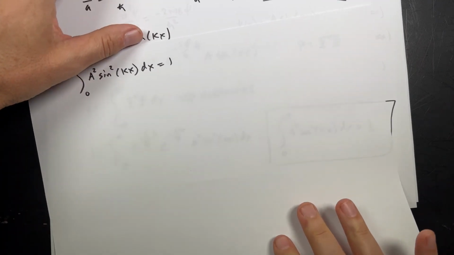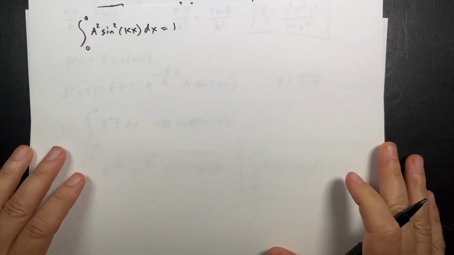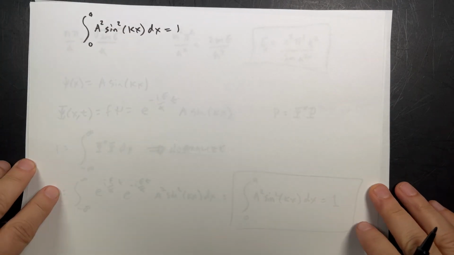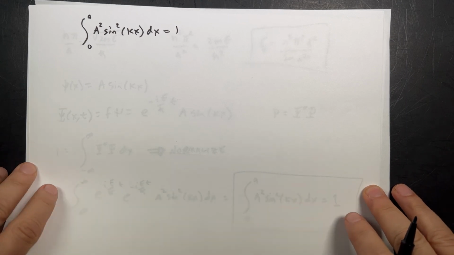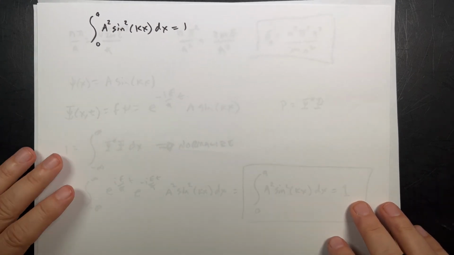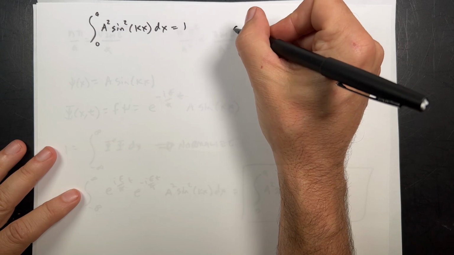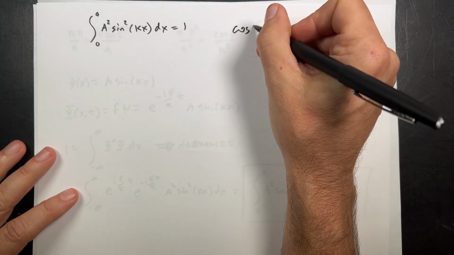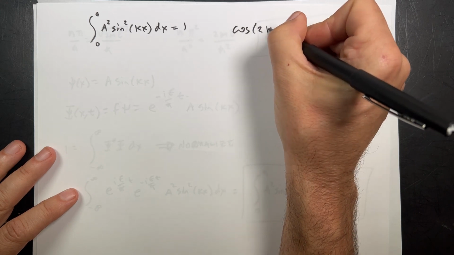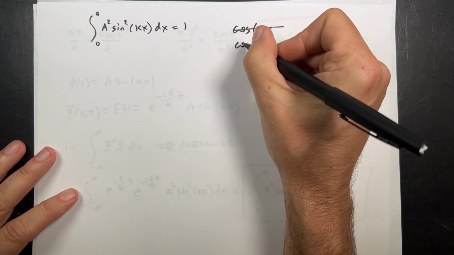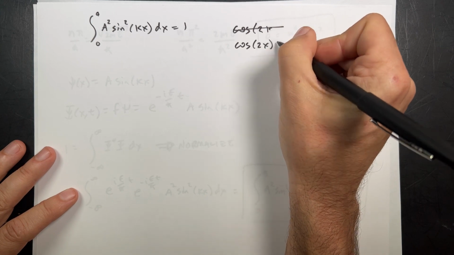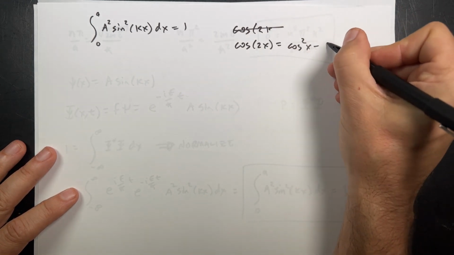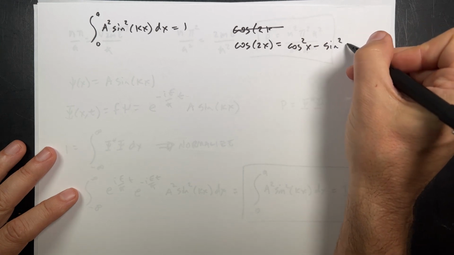Okay. So the first thing I'm going to do is use two trig identities. I know you could just use one, but this is how I do it. I know the following identity: cosine of 2x is equal to cosine squared of x minus sine squared of x.